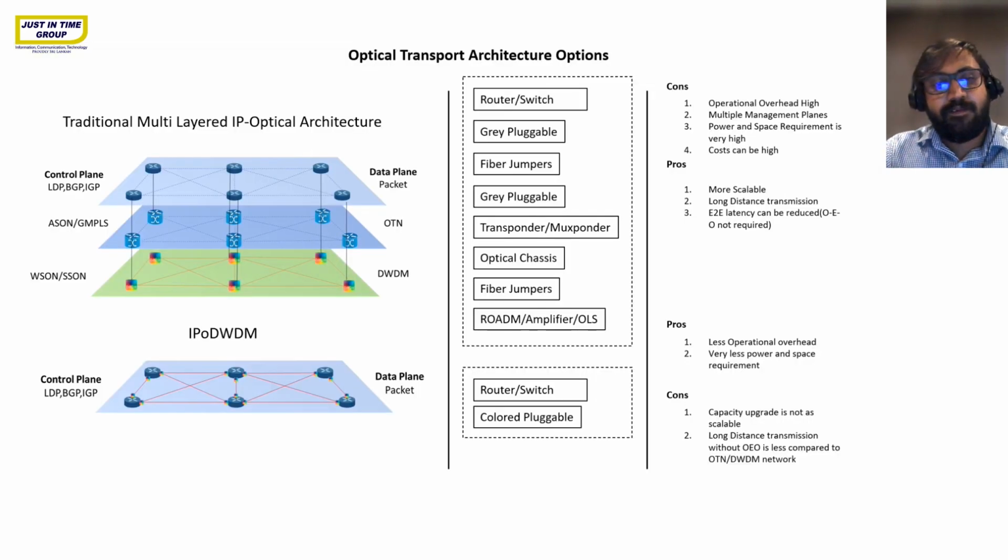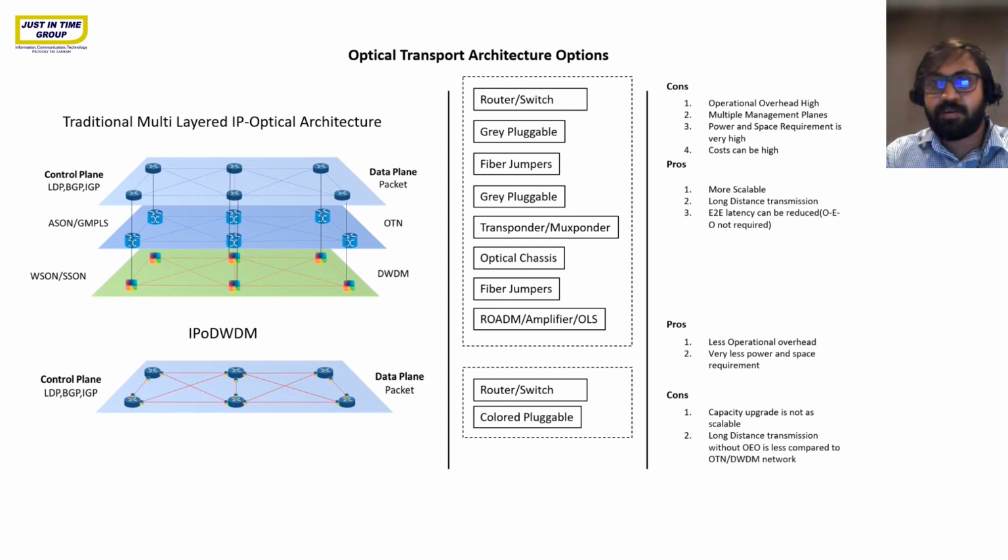So this is the optical part. In a couple of previous slides I talked about the IP and Ethernet layers of the transport network. The optical layer is also something which is prevalent among many operators, and if an operator has been around for decades, it's possible that it may have infrastructure with a separate OTN layer and DWDM layer, because they want to migrate from TDM infrastructure to IP and Ethernet infrastructure.